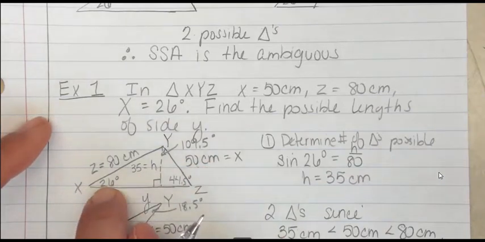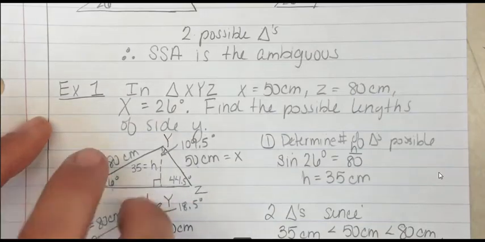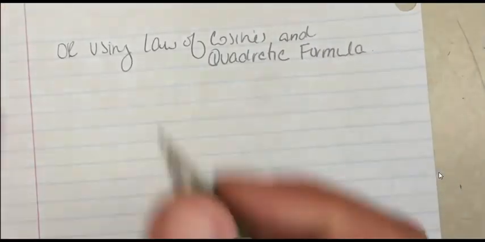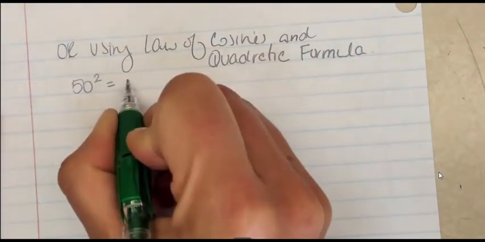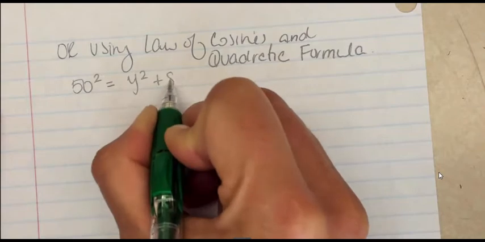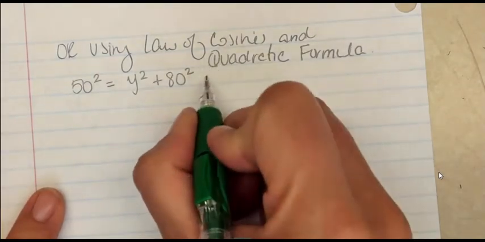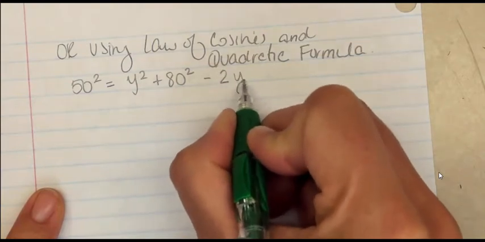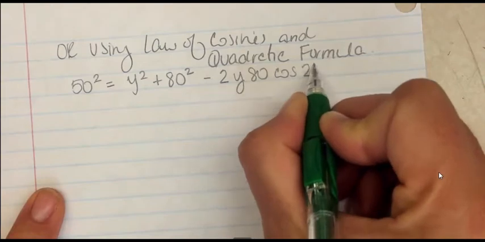I'll take the cosine of this angle, which means I'm also going to use these other two sides in my formula. So I'm going to have 50 squared equals y squared plus 80 squared, because it's the sum of the squares of the two other sides, minus 2 times y times 80 times cosine of 26 degrees.